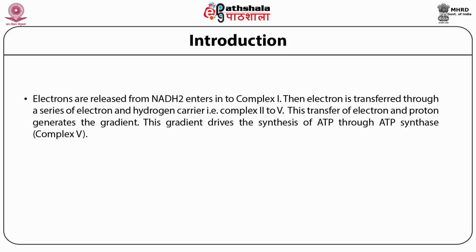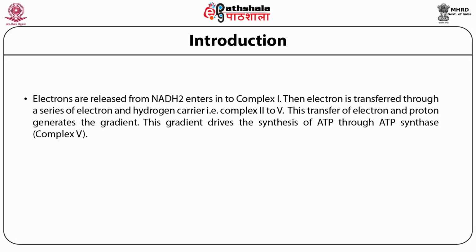So ultimately we learn that during glycolysis, the TCA cycle and the fate of pyruvate, these reactions release NADH and FADH2. This NADH and FADH2 release the electrons to the electron transport chain. The movement of electrons in the electron transport chain generates the gradient of hydrogen ions.